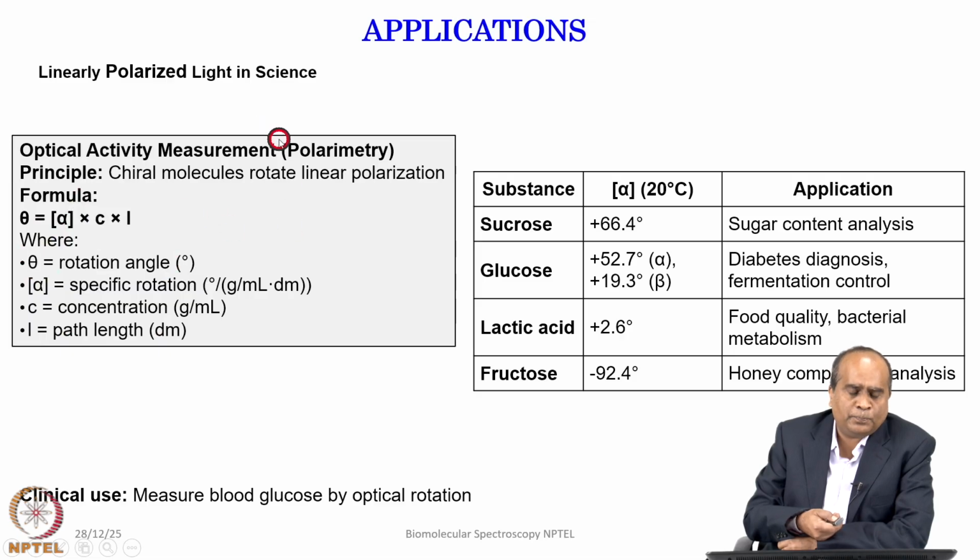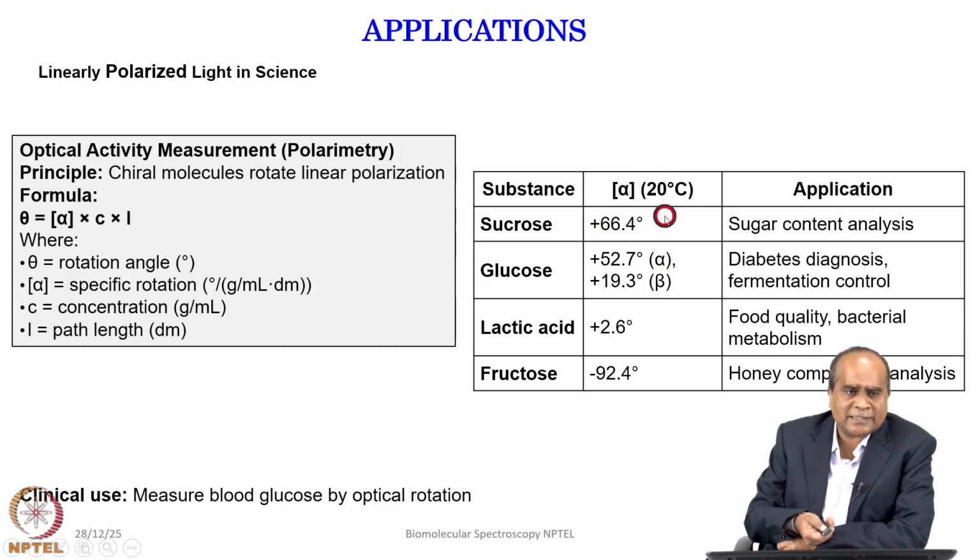So, if you take a linearly polarized light and shine that light onto some chiral molecule, the light gets rotated and then you detect that light. If you detect that, you can get an idea about this chiral molecule. So, say for an example, sucrose, glucose, lactic acid, fructose, all of that has some specific rotation alpha at 20 degrees.